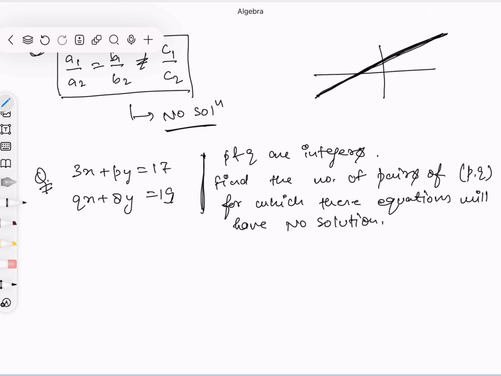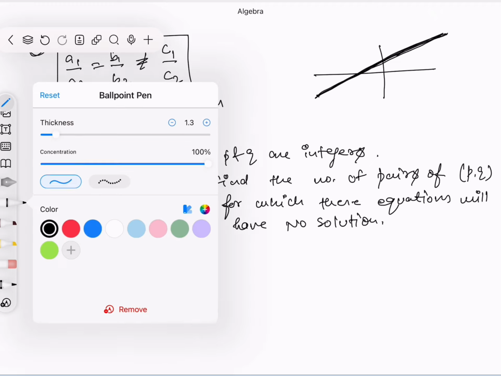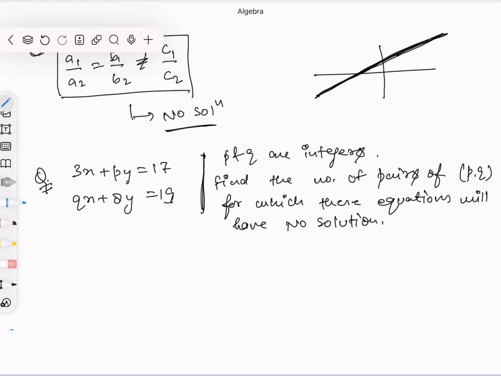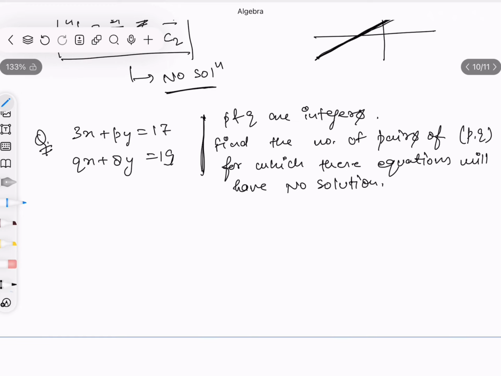Remember, no solution. Try to solve this. Pause the video that you're watching and try to solve this. Let's see the solution now.